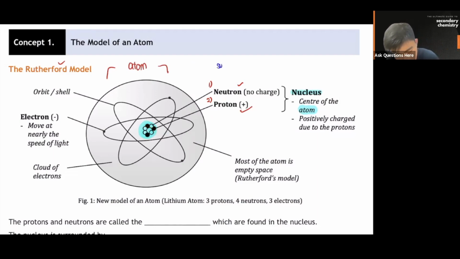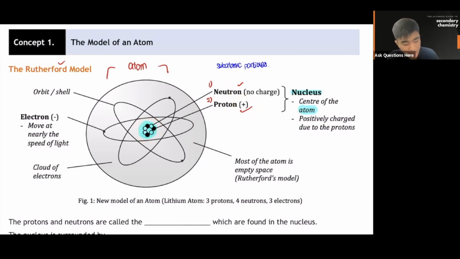We call them subatomic particles. Understand this with me, subatomic particles. Now, neutron is a subatomic particle. Proton is also a subatomic particle. The nucleus is positively charged due to the proton. You can see over here, neutron is neutral, it has no charge, but proton is positive charge. Therefore, this whole nucleus becomes positive.